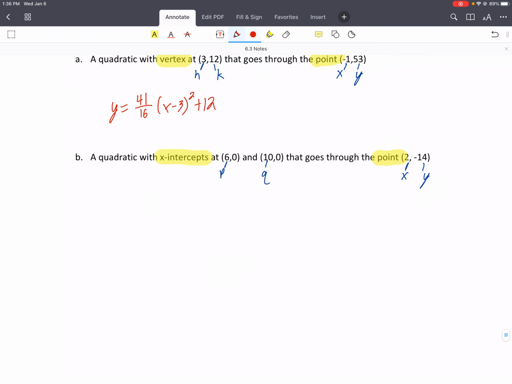See if you can get that answer. And then for this one, we'll get y is equal to -7/16 times x minus 6 times x minus 10. Okay, see if you can get those answers. And as always, reach out to me or whoever teacher you have if you have any questions.